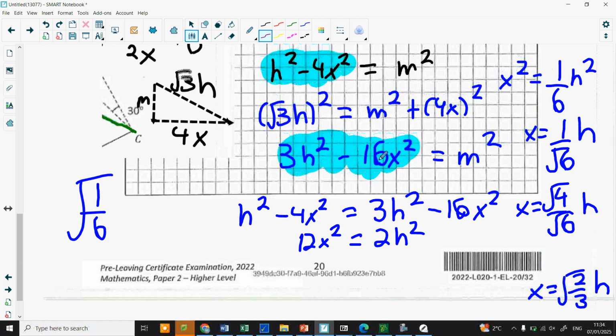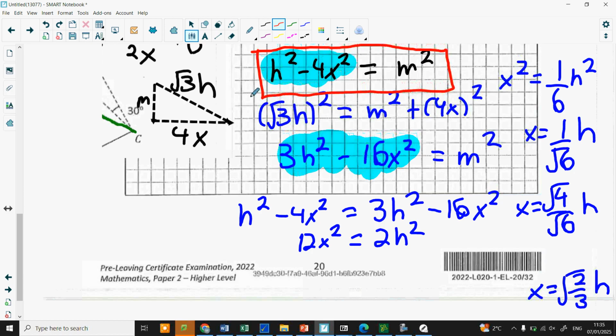We had it here. M is 3h squared minus 16x squared, or here's an easier version. Ever see that box there? I'm going to figure out what M is. So I'm going to call it M squared equals h squared, which is grand, minus 4 times x squared.